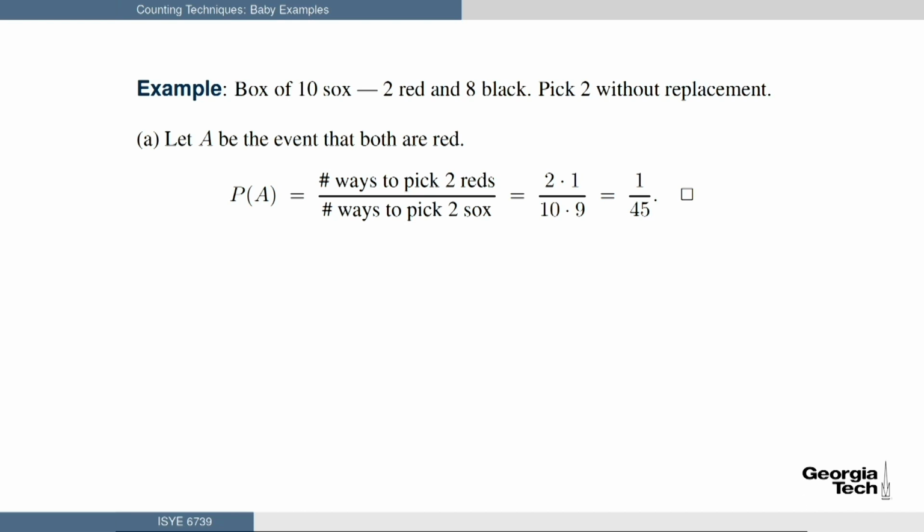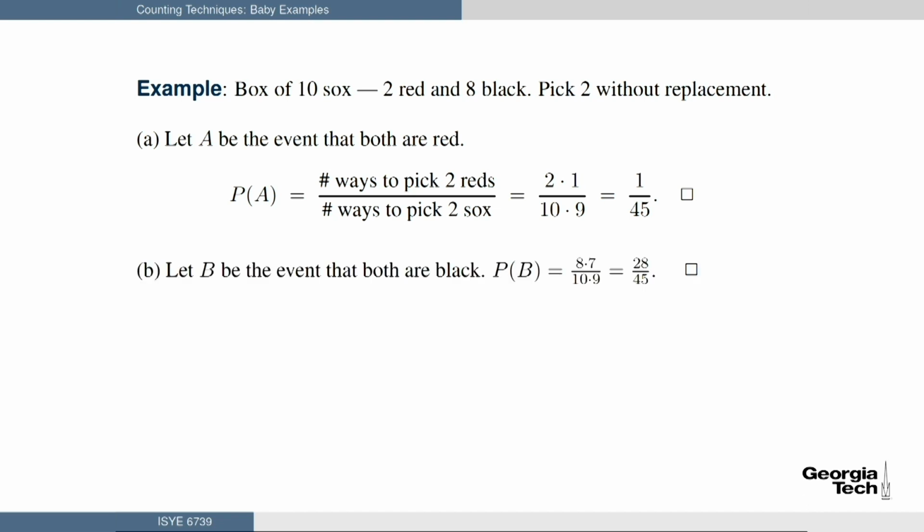The number of ways to pick 2 socks overall, well, there's 10 socks on the first pick, and regardless of the number of ways I choose that first sock, there's 9 socks for the second pick. So the answer is going to be 2 times 1 over 10 times 9 equals 1 over 45. So that's the probability that both socks that I pick are red. I'll go through another way to calculate this type of probability later on using what's called conditional probability.